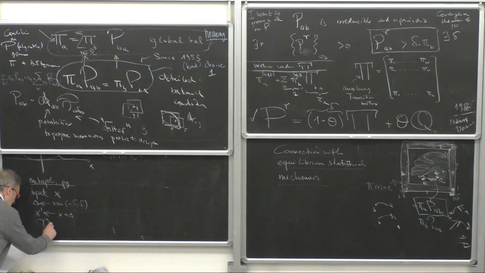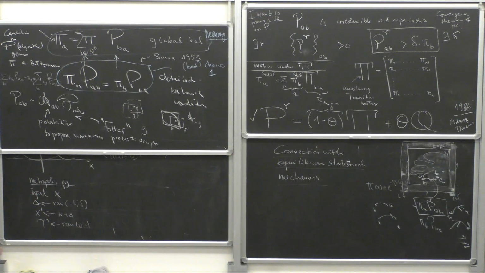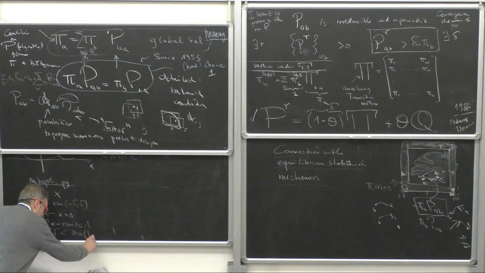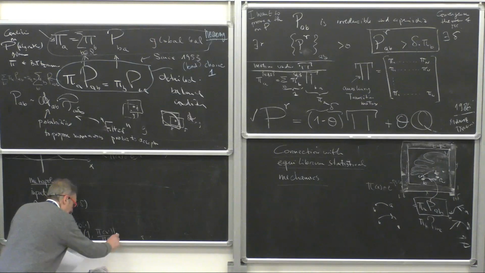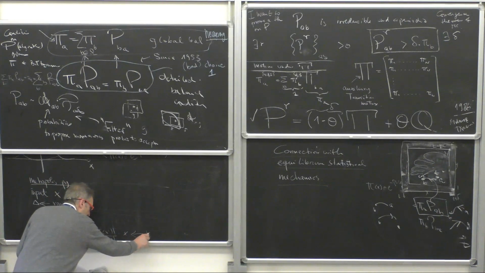Upsilon is drawn from 0 to 1. And now what we do, if upsilon is less than the minimum of 1 and pi of x prime divided by pi of x, then x goes to x prime.